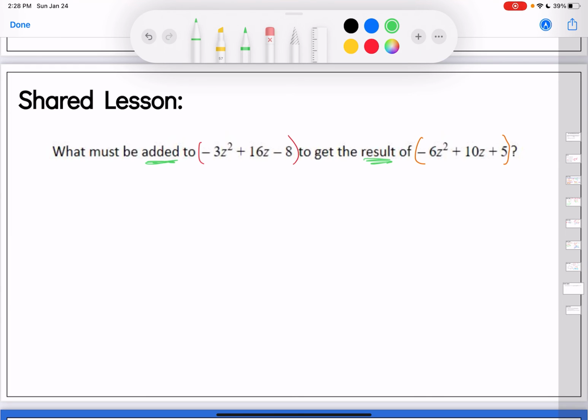What must be added to this? So I'm taking this negative 3z squared plus 16z minus 8. I'm going to add something, right? I'm going to get the result of negative 6z squared plus 10z plus 5.